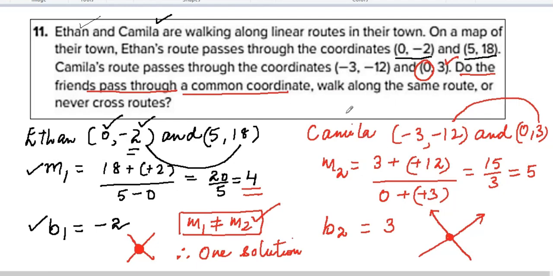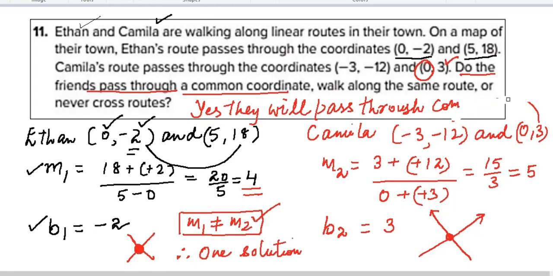So simply you will write, yes, they will cross each other, yes, they will pass through a common point.